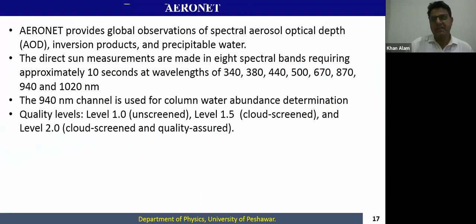And there are different levels of the data. Level 1 AERONET data belongs to the unscreened data. Level 1.5 belongs to cloud screened data. And level 2 belongs to the cloud screened and quality assured data. So the recommended data of AERONET is level 2, which is cloud screened and quality assured data.